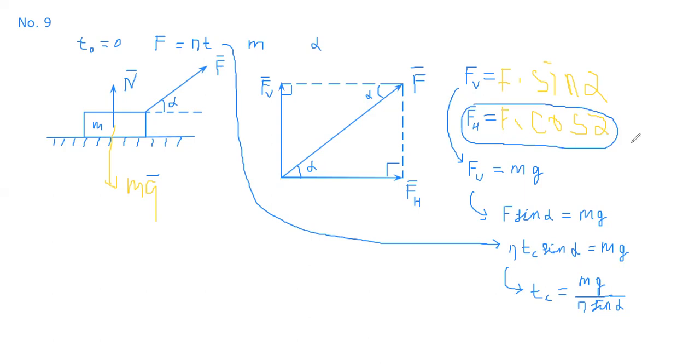We have the horizontal part, so I think we can try to find this velocity of the body at the moment in time when it comes off the surface.